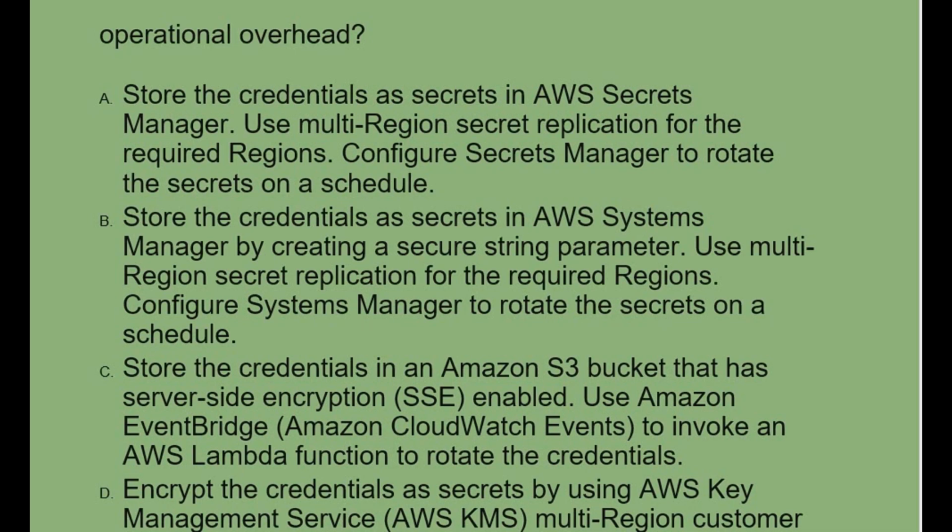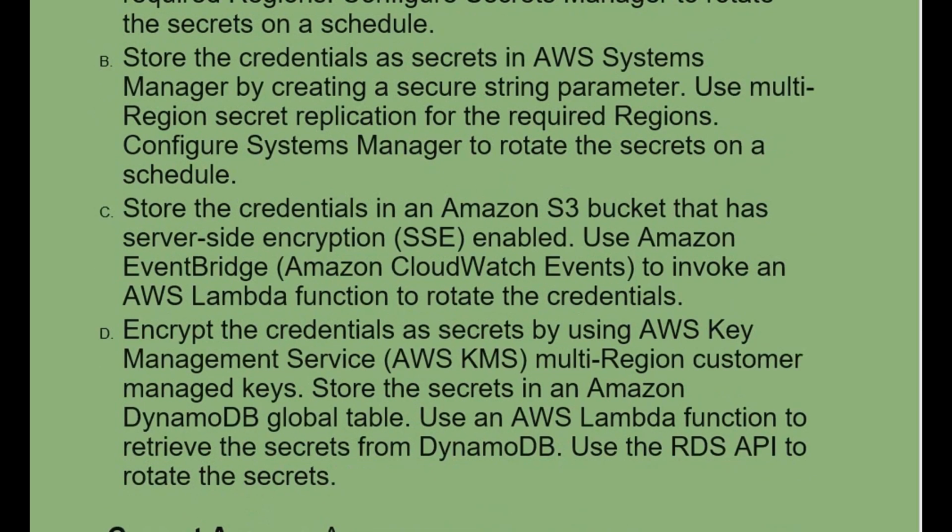Option C. Store the credentials in an Amazon S3 bucket that has server-side encryption (SSE) enabled. Use Amazon EventBridge (Amazon CloudWatch Events) to invoke an AWS Lambda function to rotate the credentials. Option D. Encrypt the credentials as secrets by using AWS Key Management Service (AWS KMS) multi-region customer managed keys.